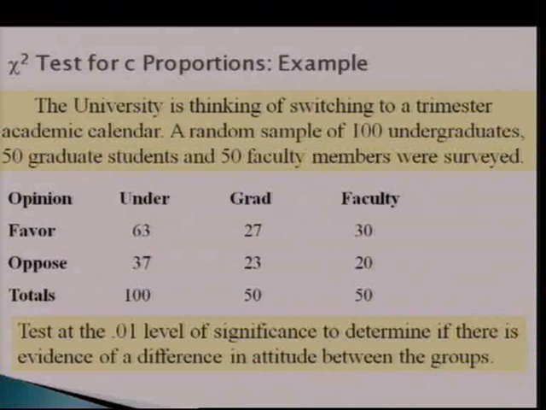In total we collected data from 100 undergraduate students, 50 graduate students and 50 faculty. We have to test at the 0.01 level of significance, alpha equal to 0.01, to determine if there is evidence of a difference in attitude between the groups.